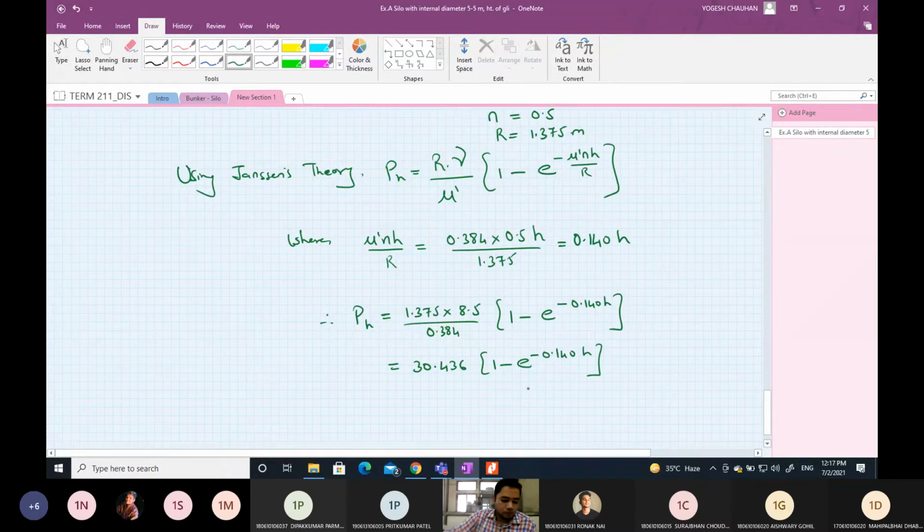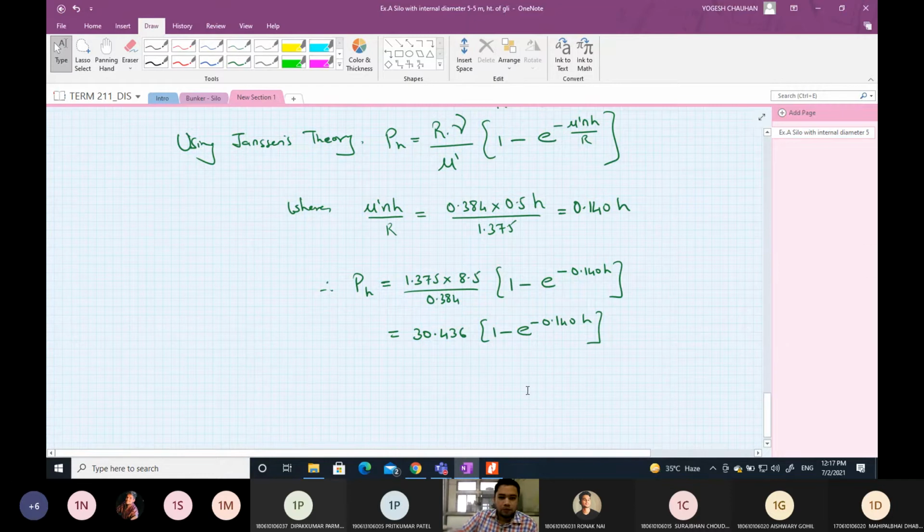Now the maximum value of pH will be at h equals 18 meter.